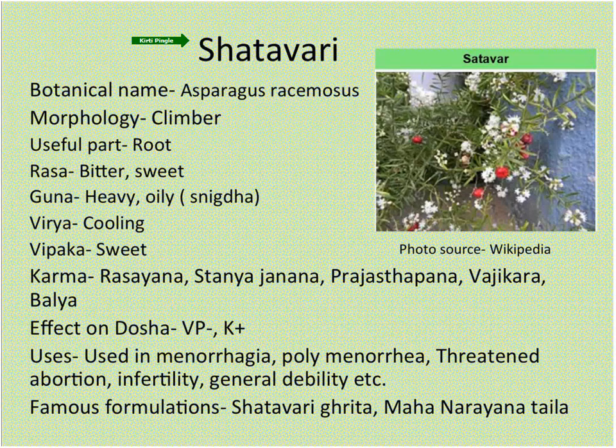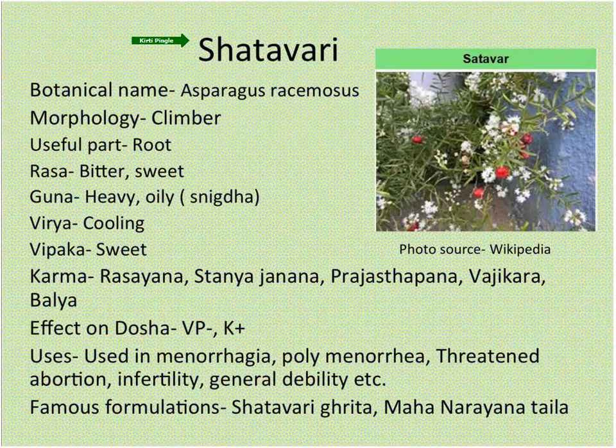So Shatavari works very well on any type of male issues as well as female reproductive issues. Another meaning of Shatavari is that it cures 100 diseases of women. That is also another name of Shatavari.